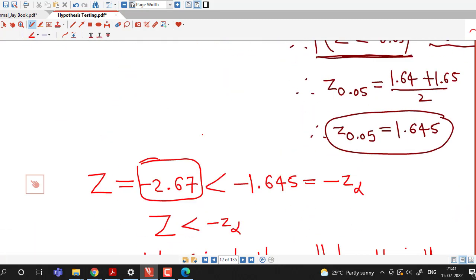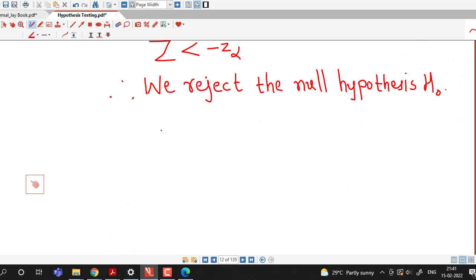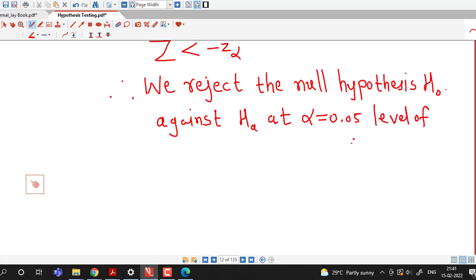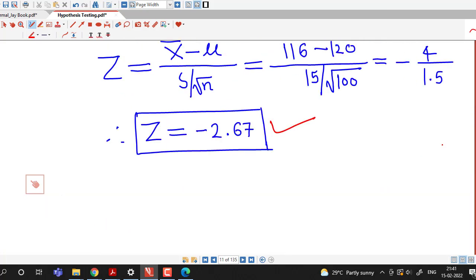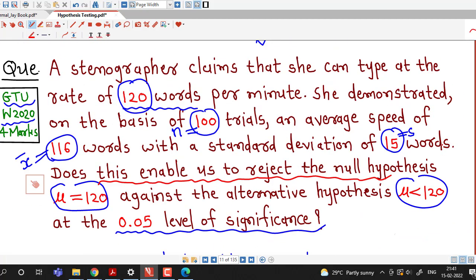So here we have written that we reject the null hypothesis H naught against the alternative hypothesis H suffix A at 0.05 level of significance. In this way we can answer this type of hypothesis related questions.